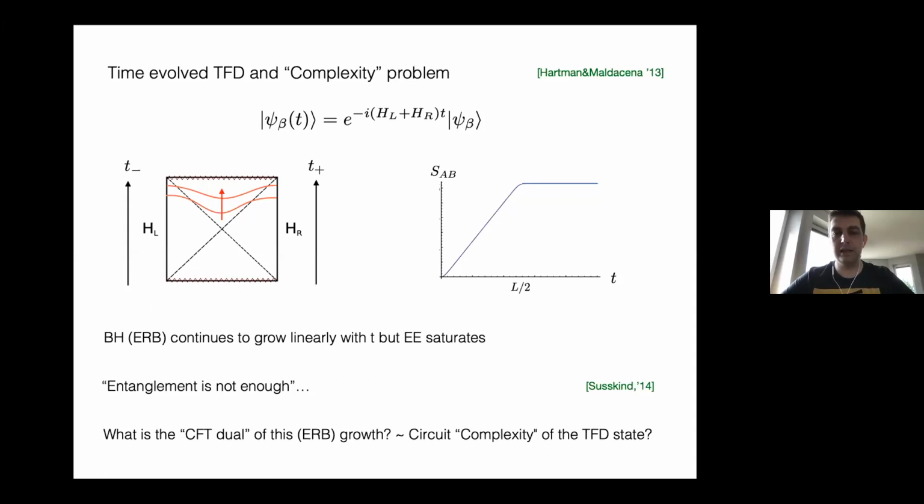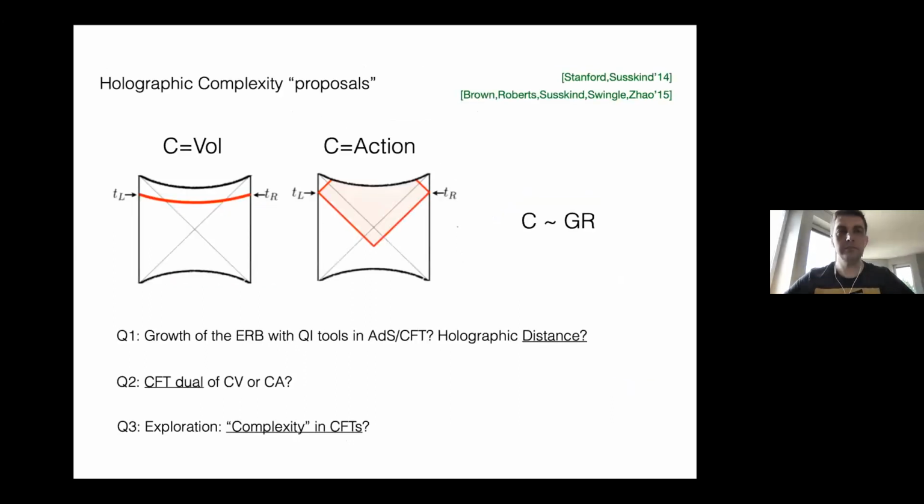And the answer he gave was that it must somehow be related to the circuit complexity of the thermofield double state. And with a series of very interesting works with his collaborators, they proposed 2 interesting and well-defined objects on the gravity side, namely the volume of the extremal slice and the Wheeler-DeWitt action, that should be related to this complexity, at least on the holographic side.